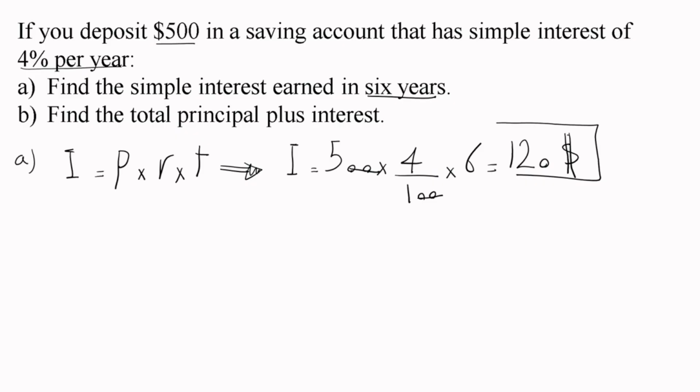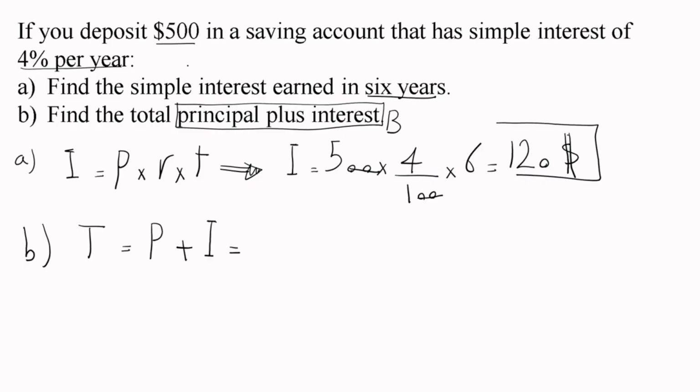What about part B? What does it say? Find the total, principal plus interest. We usually call it balance. After 6 years, we must calculate the balance or total. Total will be equal to principal, the amount of money that you first put in the bank account, plus the interest, the amount of money that the bank has paid you.